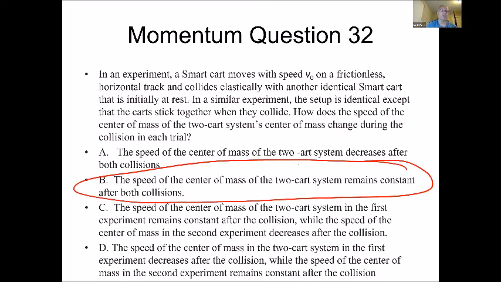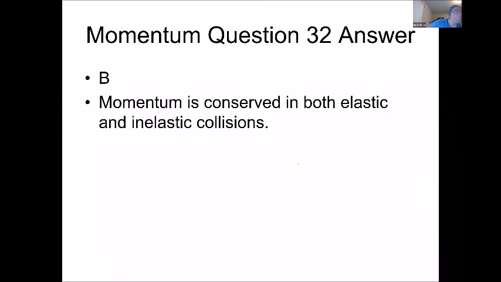So choice B is our correct answer. And this kind of question shows up on the AP exam all the time. Since momentum is conserved, the mass doesn't change. That means the speed of that center of mass doesn't change either. Choice B, correct answer. All right, let's go to 33.